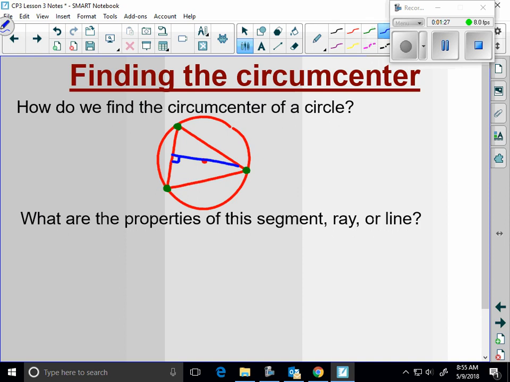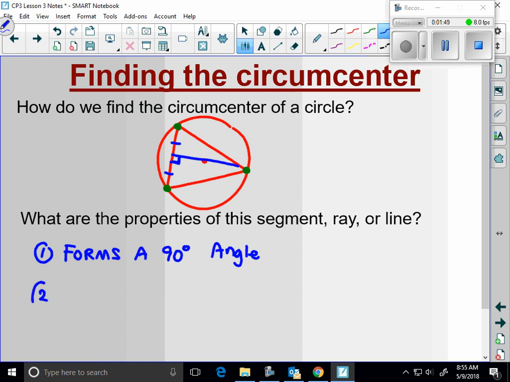What does this blue segment do? It cuts this side in half, and it forms a perpendicular angle. Yes, perpendicular bisectors. So it forms a 90-degree angle. That's the first thing it does.